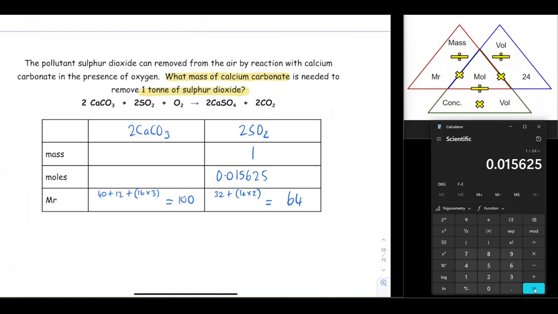If I've got a 2 to 2 ratio, simplified, that's 1 to 1, so I can just carry my number of moles over. 0.015625. I already got it on my calculator, so I just times that by 100, and I get 1.5625 tons of calcium carbonate.